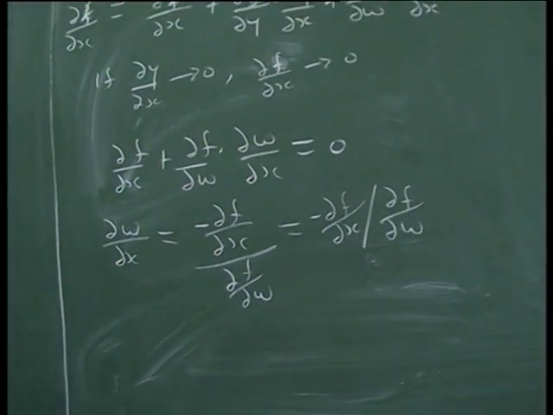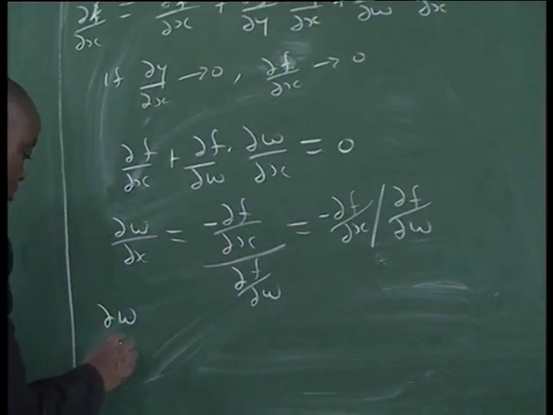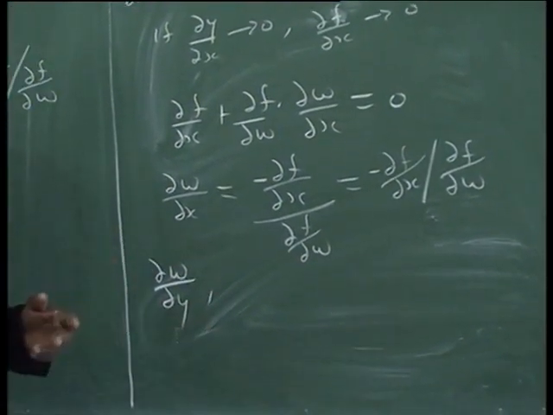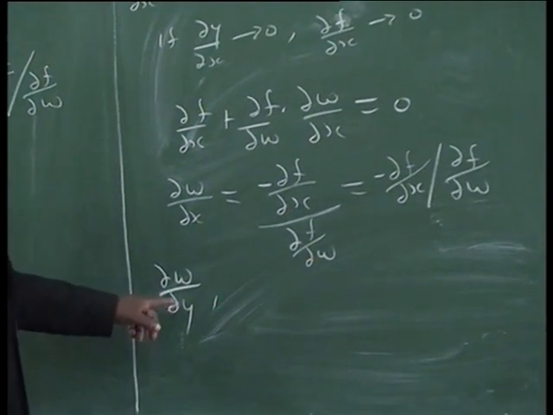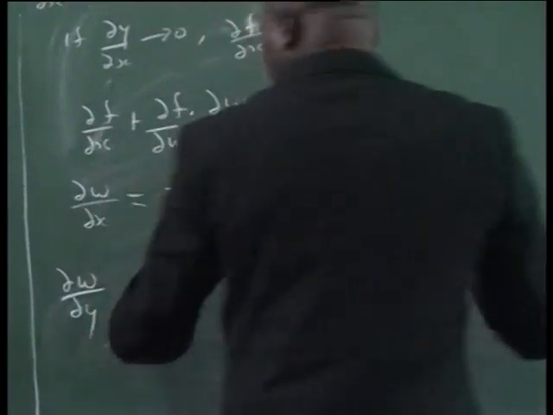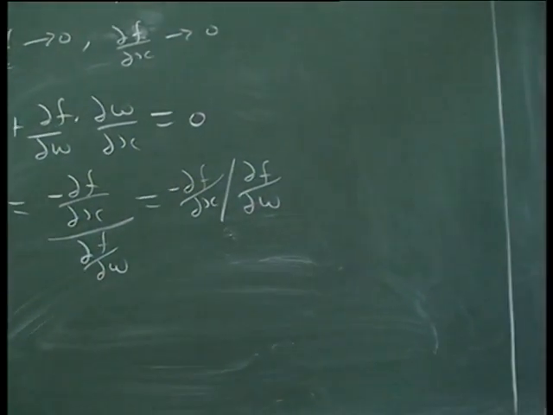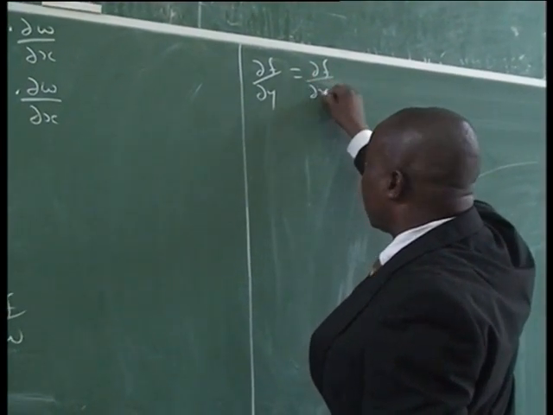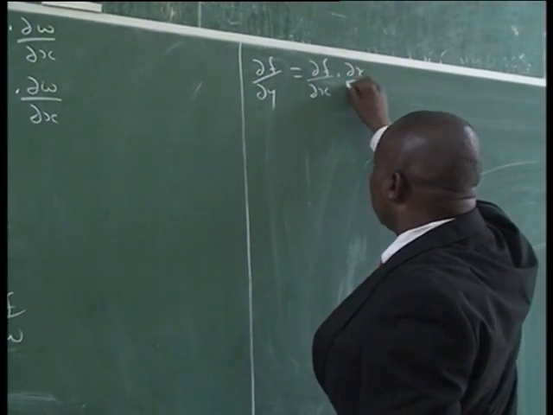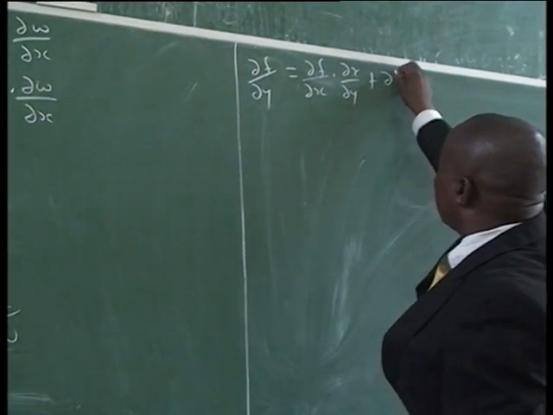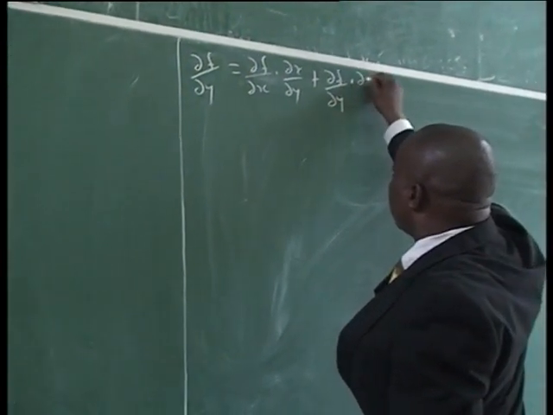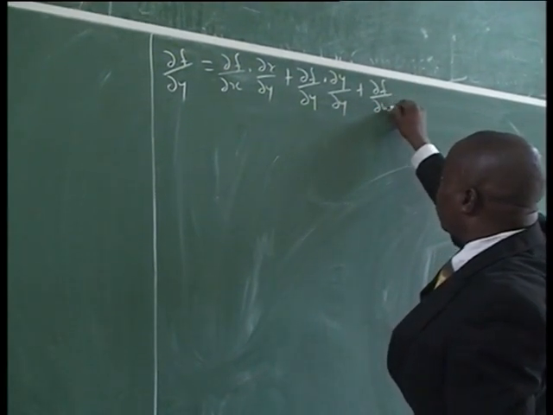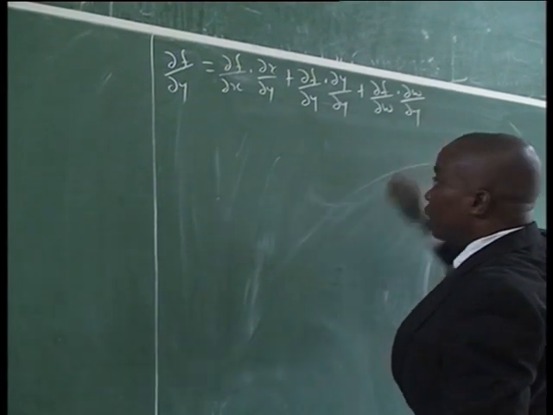That's what we have. Now for partial w, partial y, by the definition of chain rule, from this function we will have partial f, partial y equal to partial f, partial x times partial x, partial y, plus partial f, partial y times partial y, partial y, plus partial f, partial w times partial w, partial y.